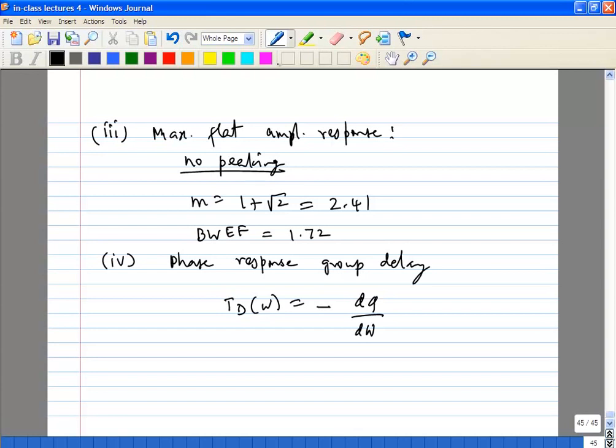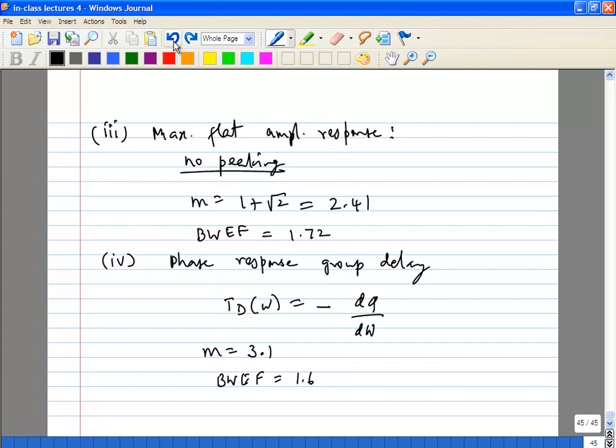Okay, so if you do this, what you get, there's a lot of algebra behind it, but it's good to know the results. So you get m equals 3.1, and you get a bandwidth extension factor of 1.6.